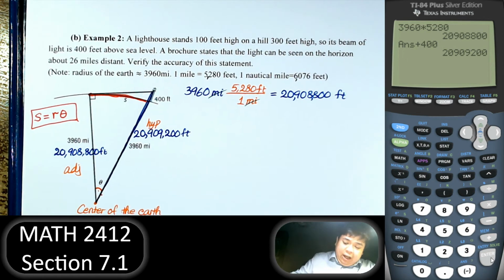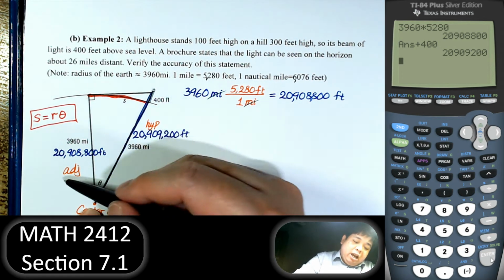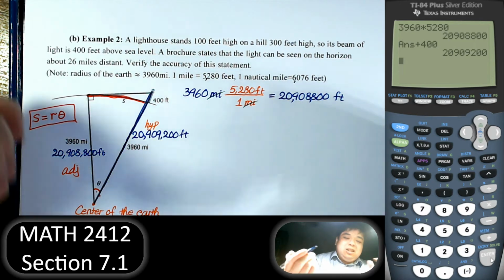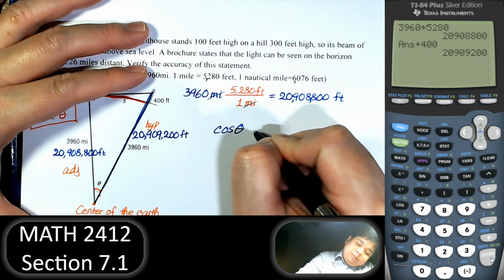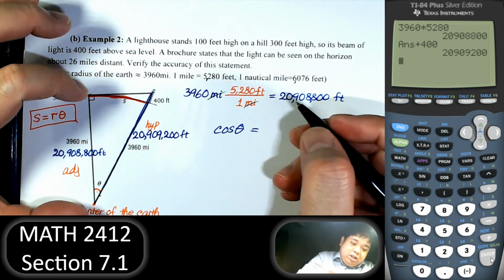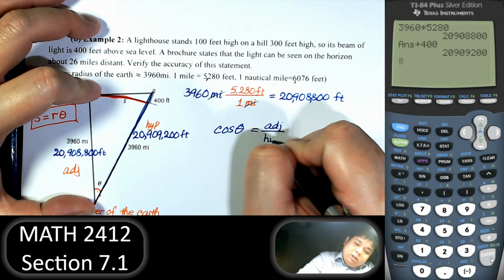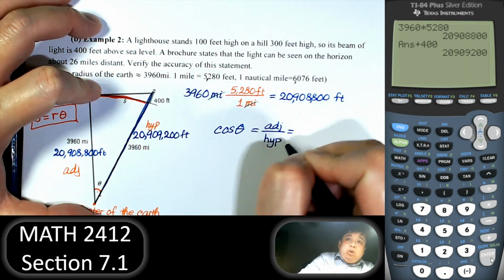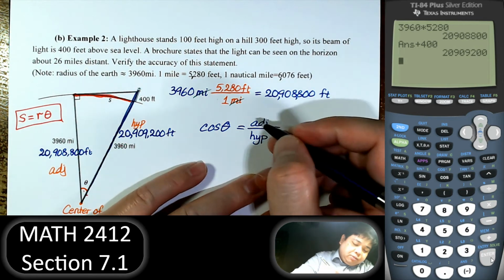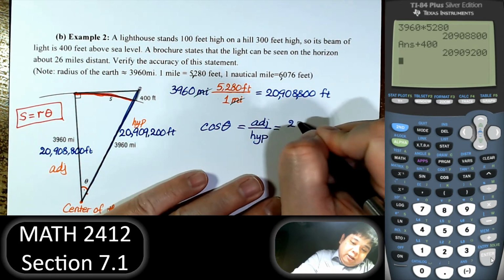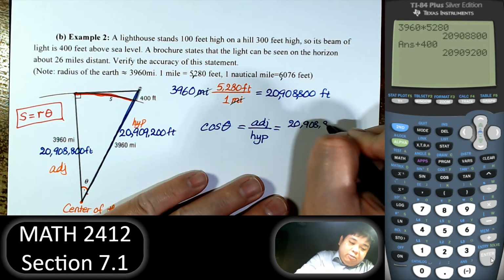Right. Now, with respect to this angle, we have the hypotenuse and adjacent. So what ratio is that? That is cosine, right? Adjacent over hypotenuse. So in this case, we will take a bunch of decimal places, because the number may be very small.